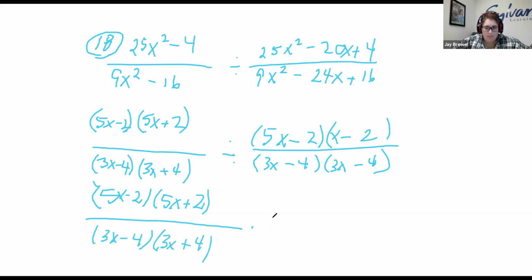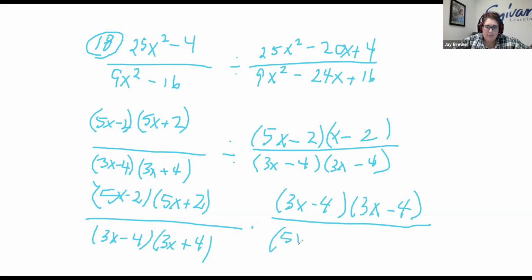Now we make it a multiplication. 3x -4, 3x -4 on top. Then we get 5x -2 and x -2 on the bottom.